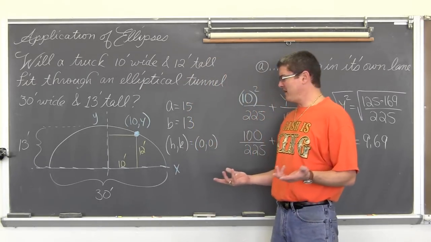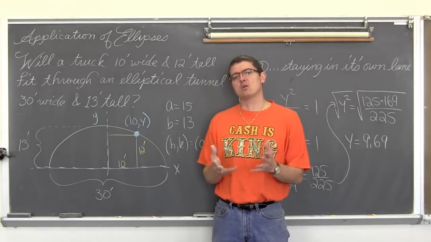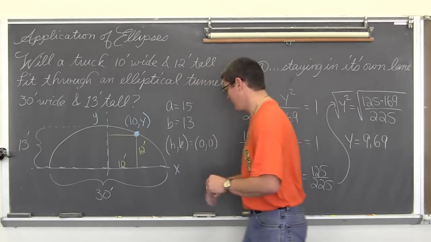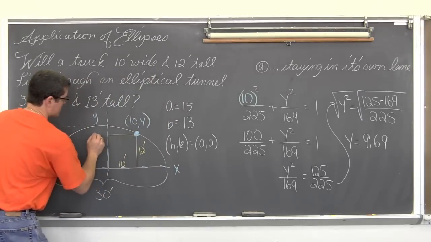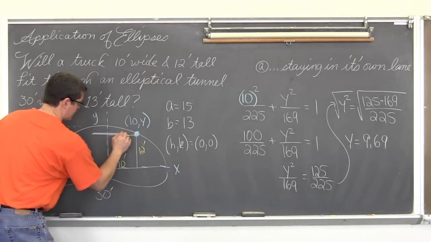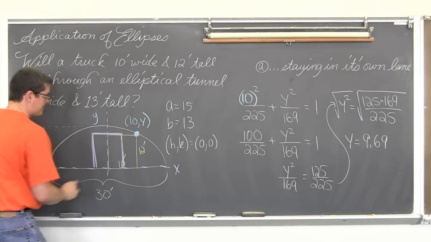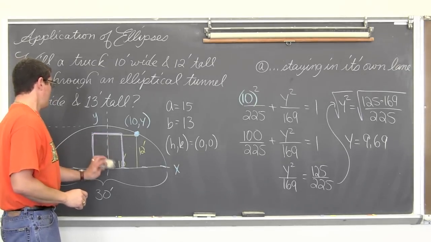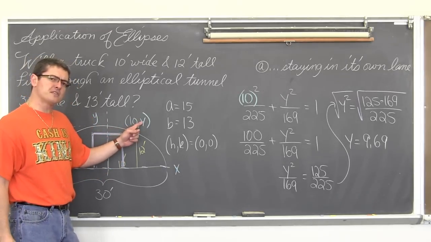So if it's not going to fit in its own lane, what would happen if the truck were to drive through the center of the road? Let's say instead of being here, the truck lines up and just goes right through the center of the tunnel. Well, if the truck drives right through the center of the tunnel, now where do we care about the height? Do we care about the height of the tunnel 10 feet off of center?